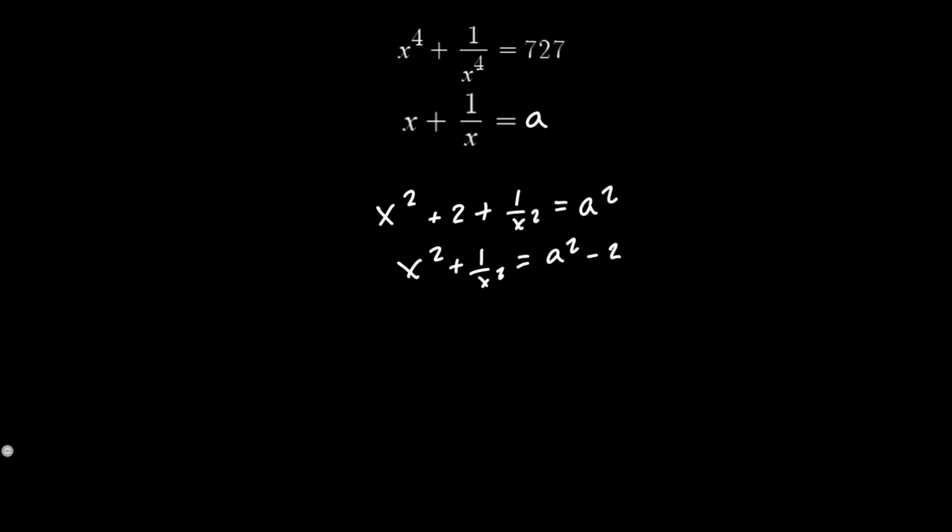And pretty much here what we know at least is that we have x to the 4 plus 1 over x to the 4. And by that definition, we have x to the 4 plus x to the negative 4 is equal to 727.